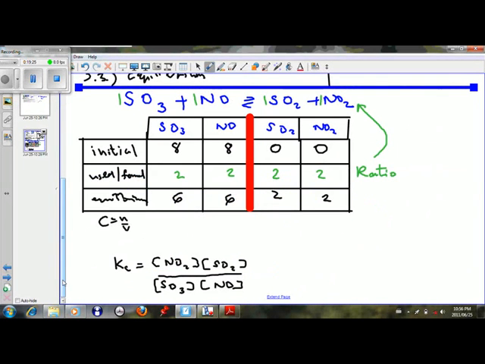So from here we can work out our concentration. Number of moles is 6 over 4, which will give us 1,5. And then similarly here, this will also be 6 over 4, which is 1,5. And here it will be 2 over 4, which is 0,5.